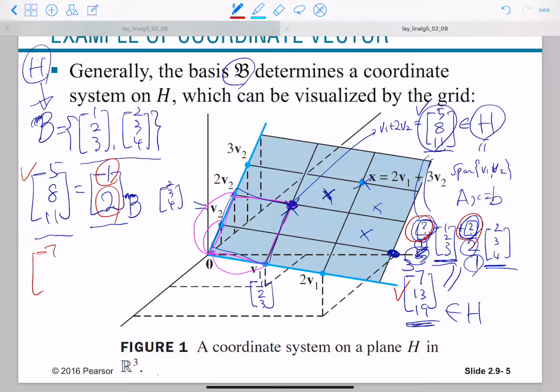And for example 7, 13, 19 is like, what was that? It was 5 and 1 and b, right? Okay, so this is called a coordinate relative to our basis, and these are really the coordinates.